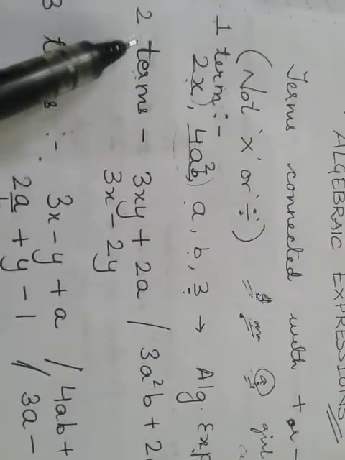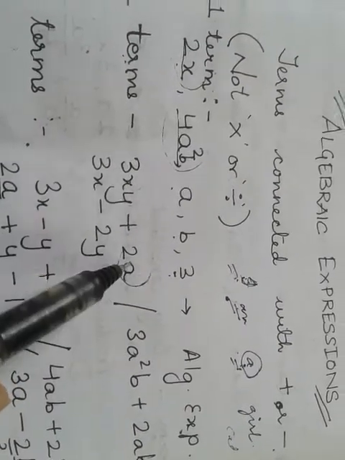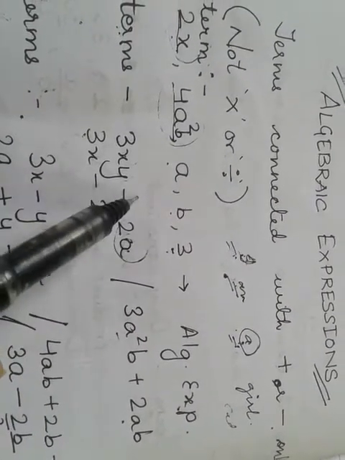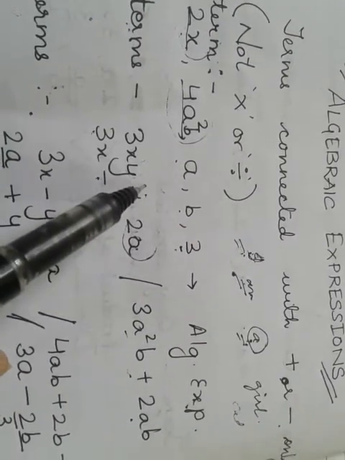Then we have algebraic expressions with 2 terms, like a, m, am, 2-letter words. So 3xy and 2a: 1, 2, 2 terms. Here they are connected with each other with plus, here minus. If you write multiplication, children, you will ask, miss, why is it not allowed, 3xy multiplied by 2a? Because then 3 2s are 6 and xya, so it will become one term only, 6xya.